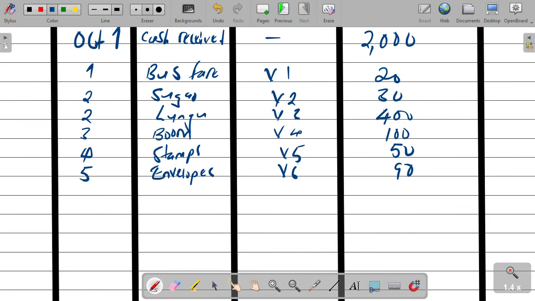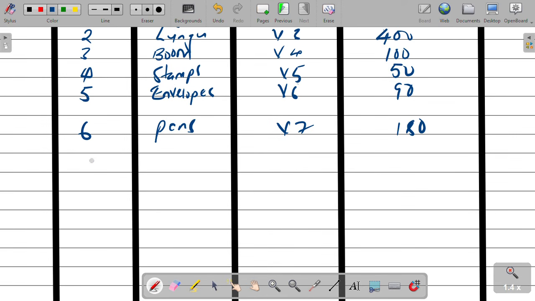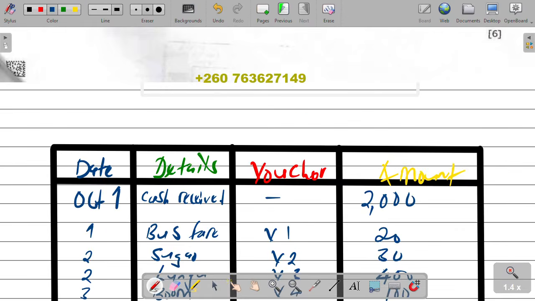It was 19. Then on the 6th, pens were bought. That was V7. How much? 180. And then the last transaction was Cobra on the 7th, which is V8. How much was it? It was 200. So these are the transactions here.